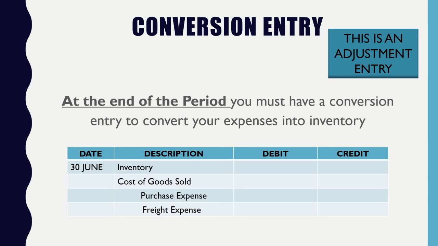However, I still have to also zero out my purchase expense and my freight expense, right? Because I made purchases and I add up the totals, I'm going to have a total of 200 in purchase expenses and total freight of $51.